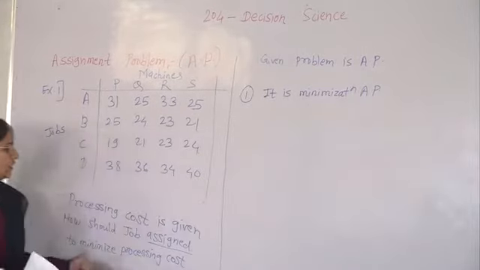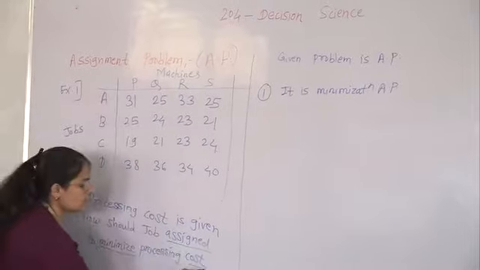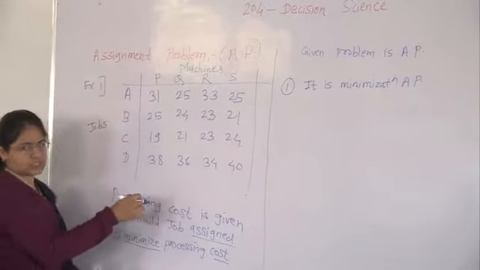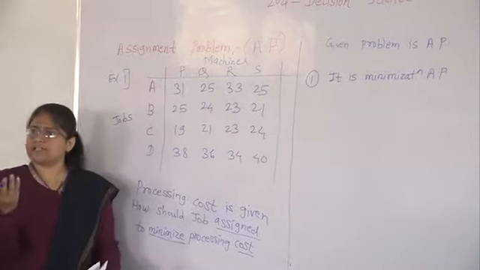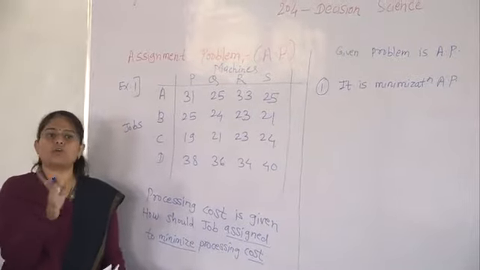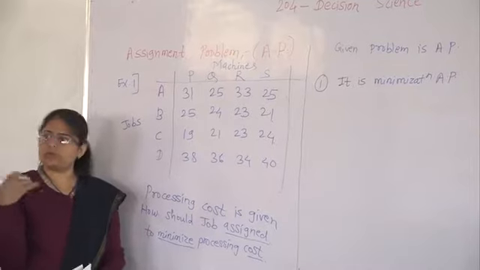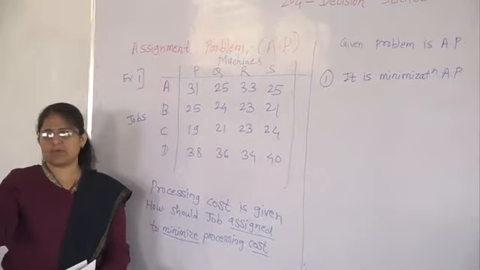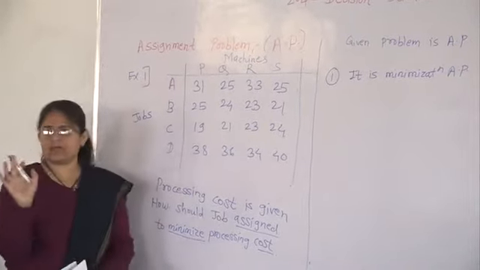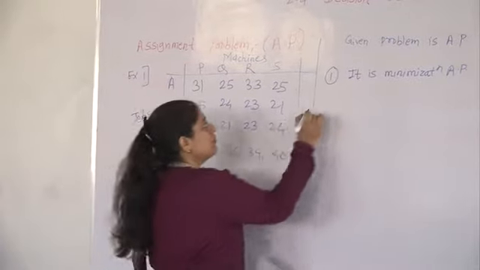See here, you have to minimize the processing cost, and the processing cost is given. That means obviously it is a minimization type. Always what is our target? We have to minimize the cost and maximize the profit. That means it is a minimization type assignment problem.